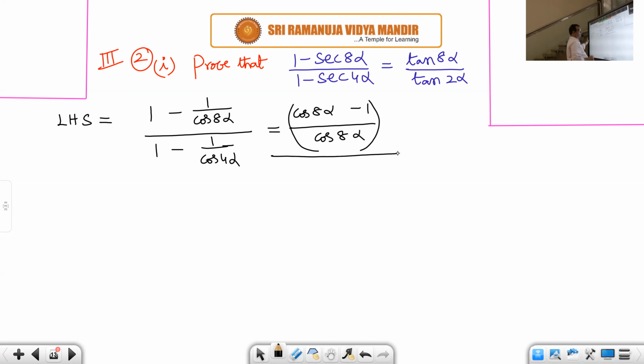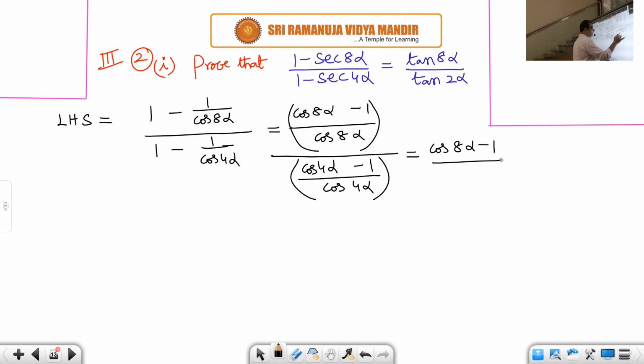Let us say this is numerator, bracket I'll put. Then now tell me, denominator is cos 4α minus 1 by cos 4α, sir. So I'll put another bracket here, numerator by denominator. But going forward, (cos 8α − 1)/cos 8α into, I want to write, so into what, tell me?